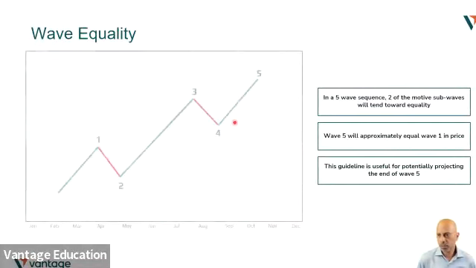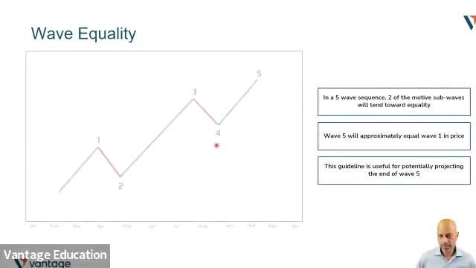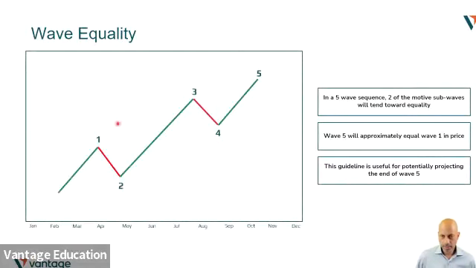All right, wave equality. So in this case, what do we mean by wave equality? It means that generally, the corrective waves two and four will have the same length in terms of the pullback, right?